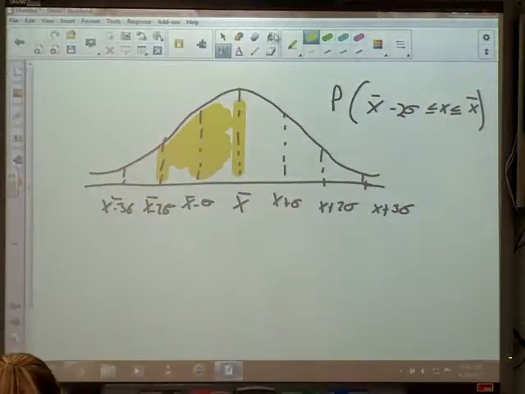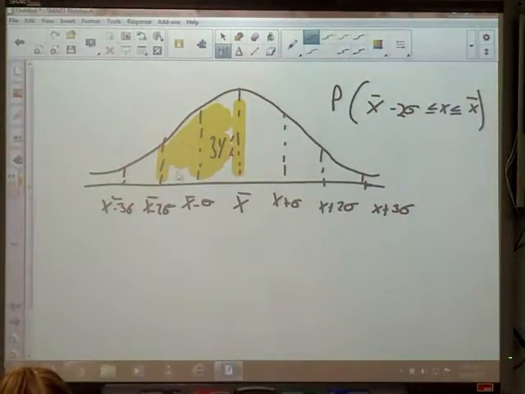What does that cover? How much is this section where my mouse is? What's the percentage value there? It's 34. And what's this?